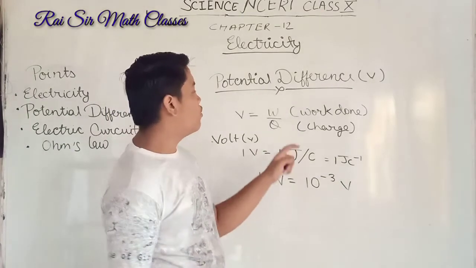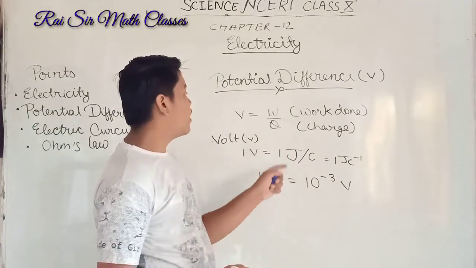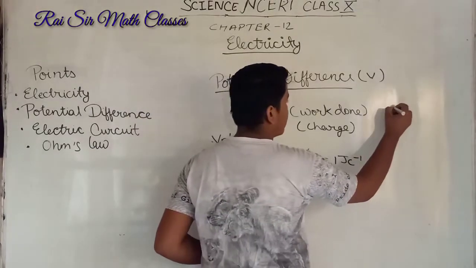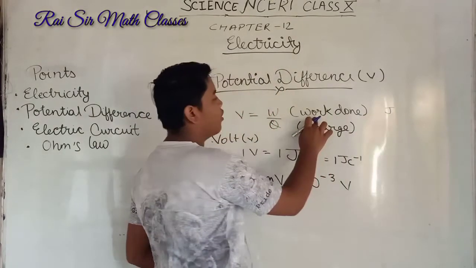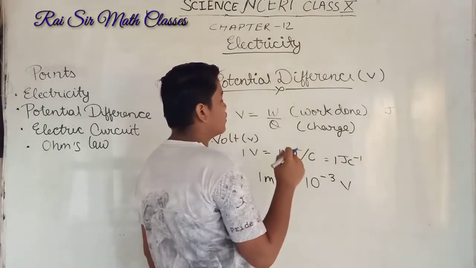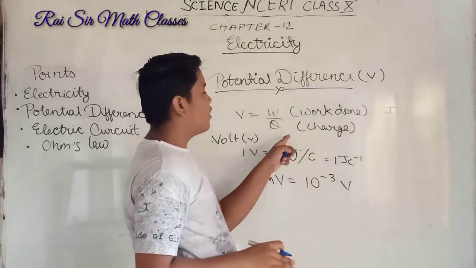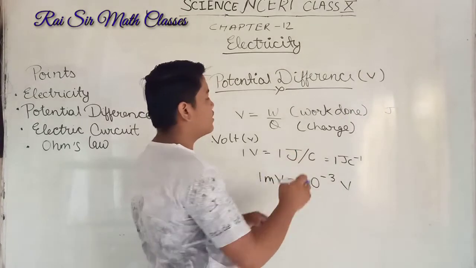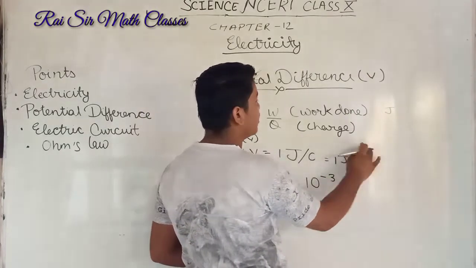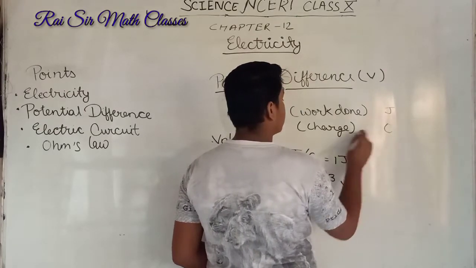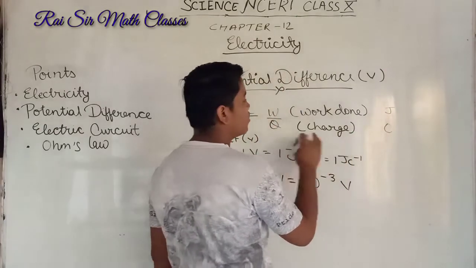As we all know, in the previous class we studied that joule, represented by J, is the unit of work done, and in the previous part on electric current we saw that the unit of charge is Coulomb.